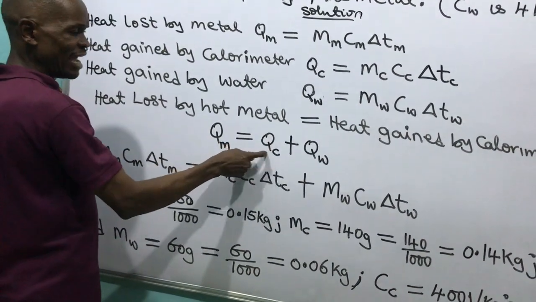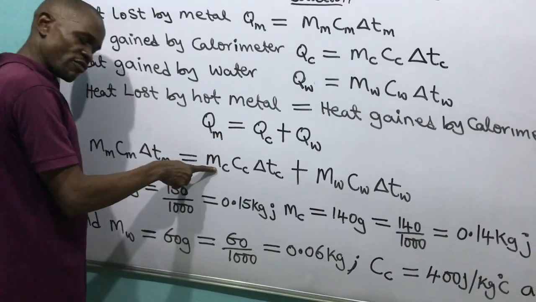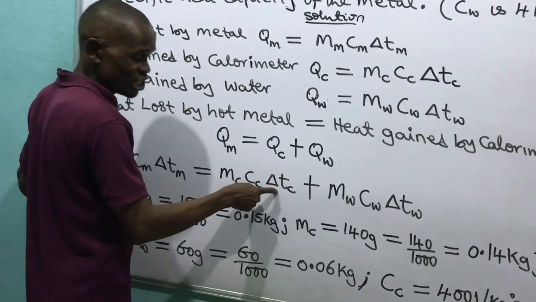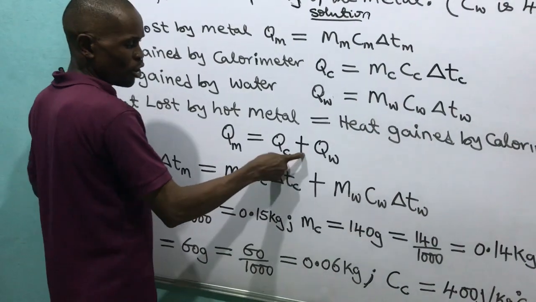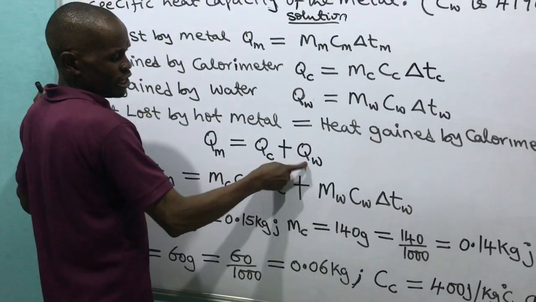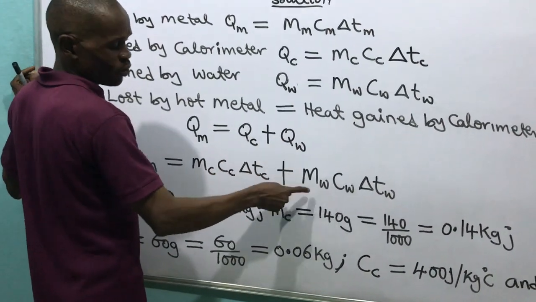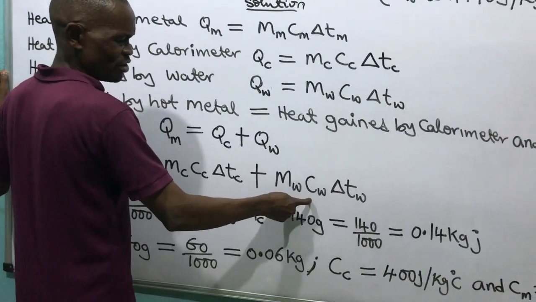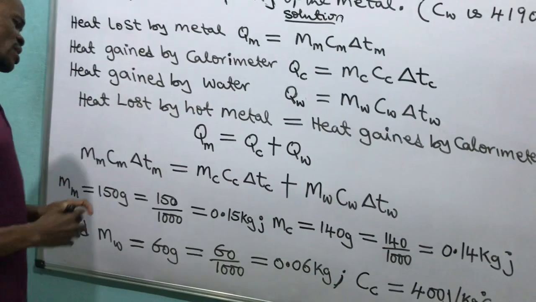Then heat gained by calorimeter becomes mass of the calorimeter times specific heat capacity of the calorimeter times change in temperature of calorimeter, plus, look at the plus, the heat gained by water, which is equal to mass of the water, specific heat capacity of the water, change in temperature of the water.